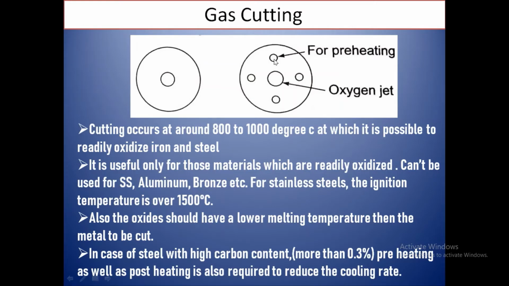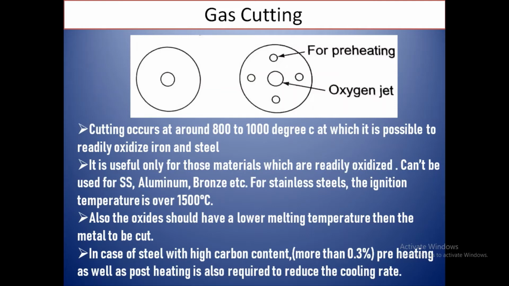The range is 800 to 1000 degrees centigrade, and there is a particular temperature called the kindling temperature, around 870 degrees centigrade, that we are going to discuss in the next slide. Until that point is reached, the metal is preheated, and then the oxygen jet is released at a very high speed to cut the already preheated metal.